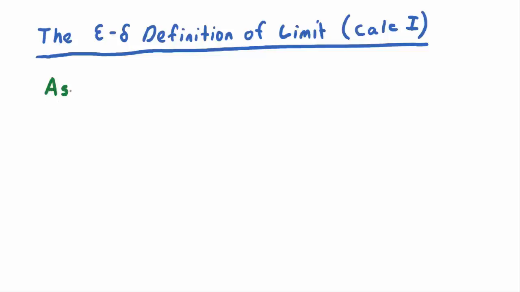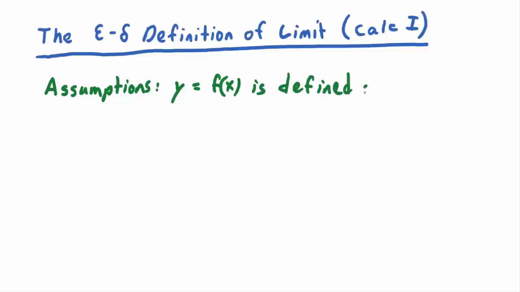Okay, assumptions. Let's assume y equals f of x is defined on an interval I, an open interval. Say it has endpoints x1 and x2, for instance. I is an open interval containing a.